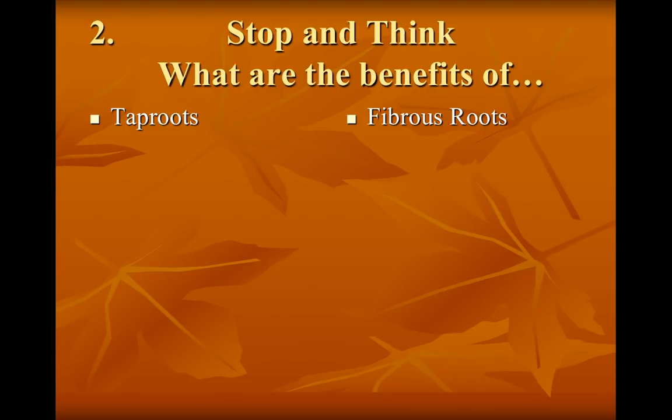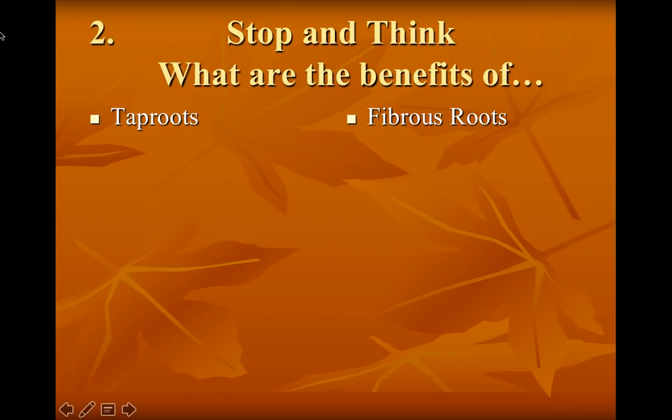In fact, a lot of trees like hickory and oak trees, the examples listed, and ironwood here, have taproots that can go down a couple of meters to reach deep groundwater. So the fact that taproots are really long is a big benefit because they can get to lower levels of soil where there's a lot of water.